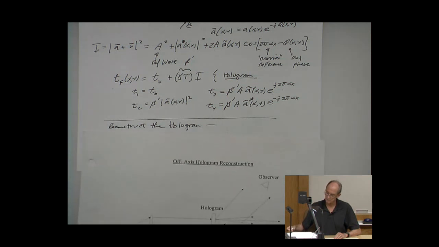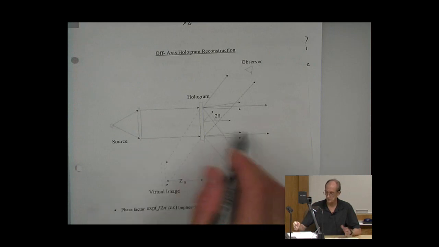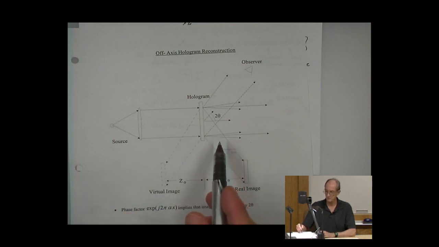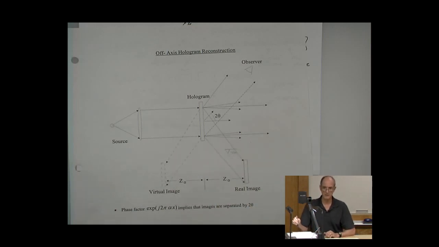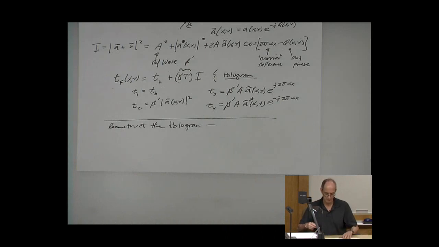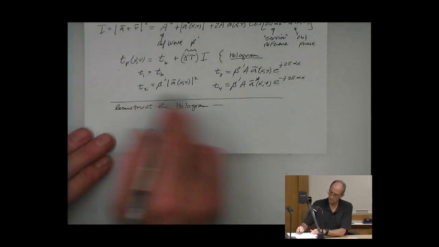But anyhow, if we were just to illuminate this with a plane wave, we would get one of these reconstructed with good fidelity, the other one with not such good fidelity, basically because of the fact that we'll have R times R versus R times R star for one of these, depending upon whether we use the original object field or a conjugate object or reference field illuminating that. Okay, so we're going to use this particular reconstruction geometry.